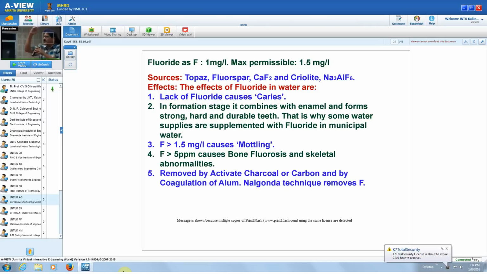They have so many zigzag routes. That is the main problem with fluoride. So fluoride is essential. That is why fluoride toothpaste is there. It supplements fluoride. Many areas, for example, Kakinada water supply system has a fluoride of only 0.3 or 0.4 mg per liter, which is actually not that sufficient.